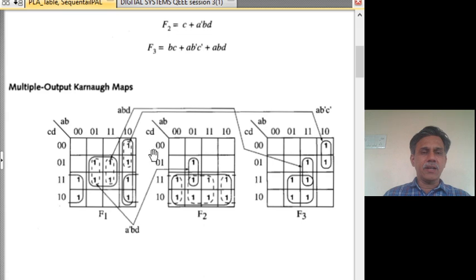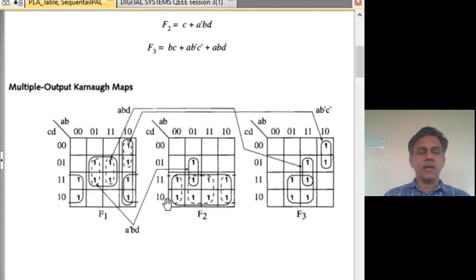Instead of generating it, suppose we have this term generated as an EPI for F3. If you could make use of that, then we have taken care of these 2 ones already. And the other 2 ones can be accounted for in this term. So we don't need to again account for these 2 ones, because they are already accounted for in a different term.